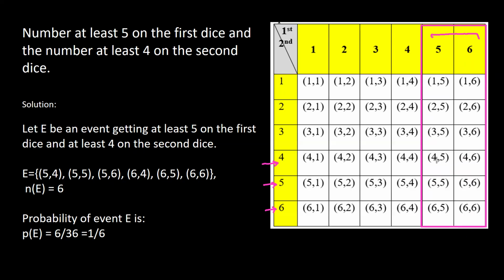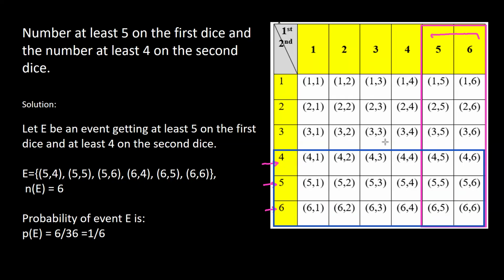At the same time, for the second die, we are asked to keep the number at least 4. In the blue highlighted box, you can see all possible outcomes in which the second die contains a number at least 4.